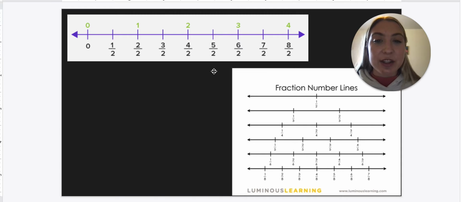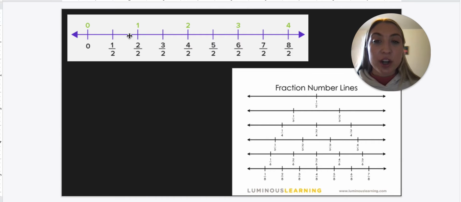So real quick, we're going to look up here. We worked with this yesterday a little bit and we were introduced on Wednesday. Here I noticed the numerator is bigger than the denominator because it's showing me that one whole, 0 to 1, is divided into 2 equal parts. And then 1 to 2 is another whole divided into 2 equal parts. 2 to 3 is another whole divided into 2 equal parts. This is one whole right here.